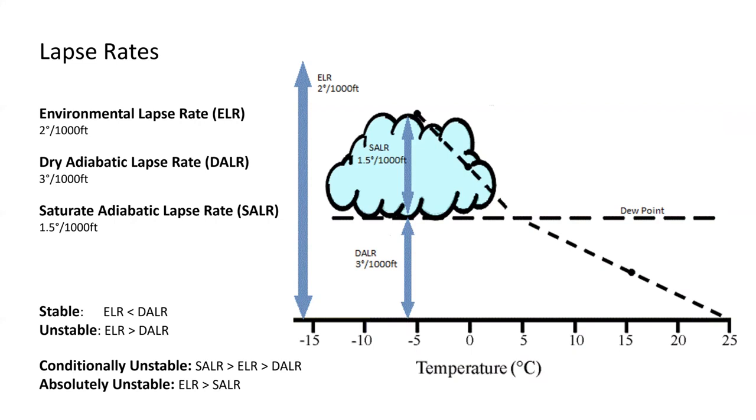So the dew point, which is shown much more emphatically on the skew-T diagram. That dew point is the point at which your relative humidity reaches 100%.